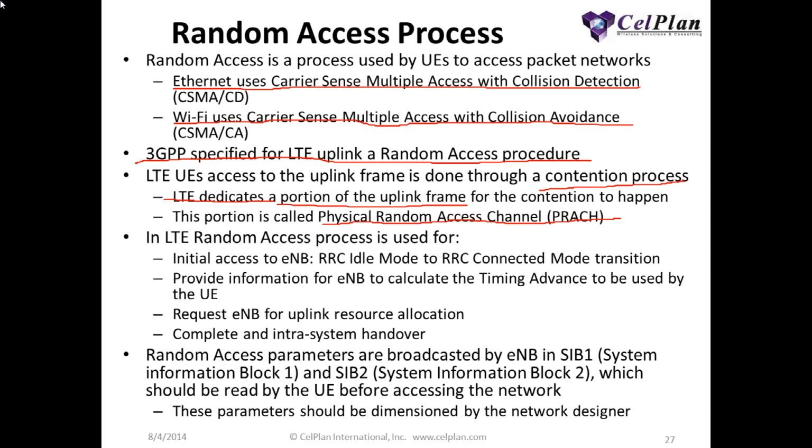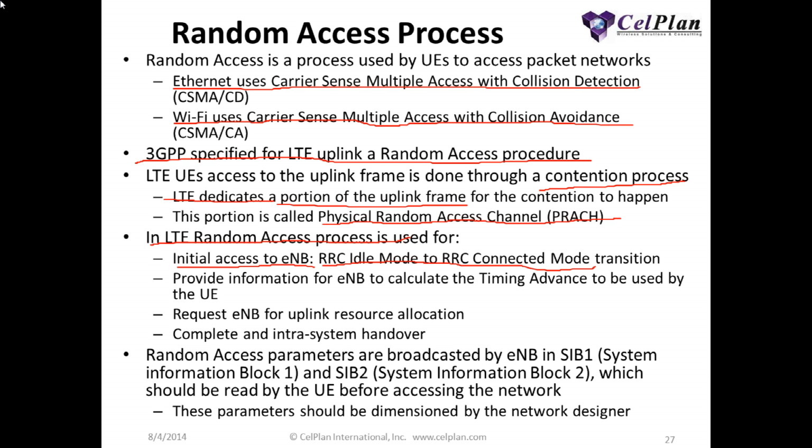Well, when does our UE need to do the LTE random access procedure? When it has to access the eNB for the first time, or when it is transitioning from RRC idle mode to RRC connected mode.